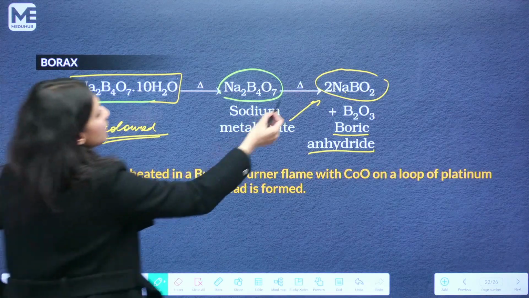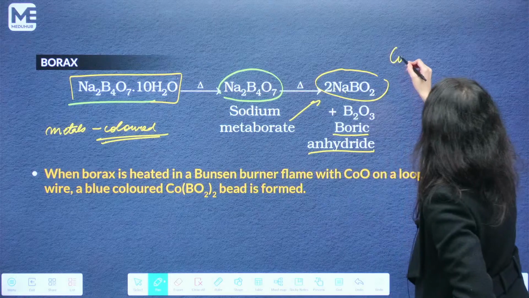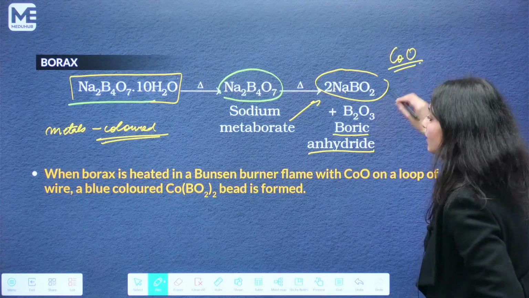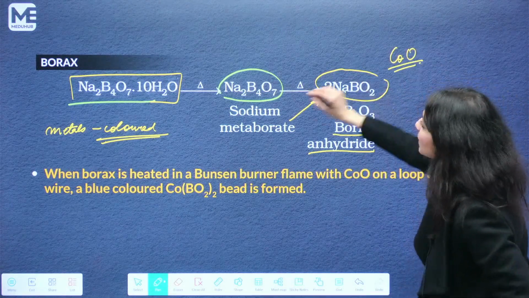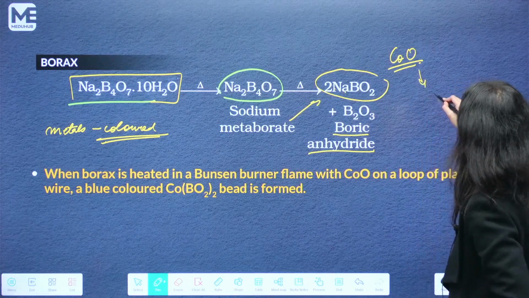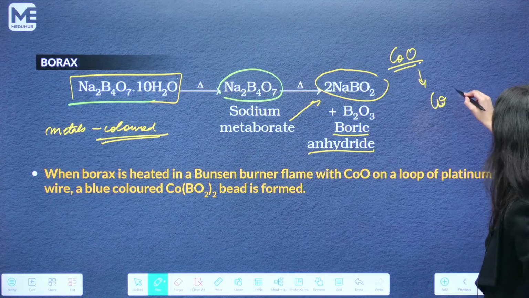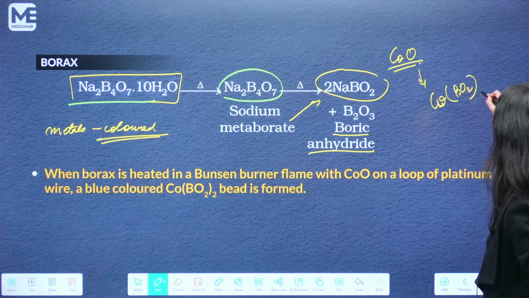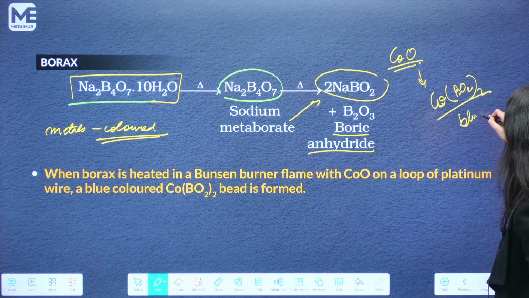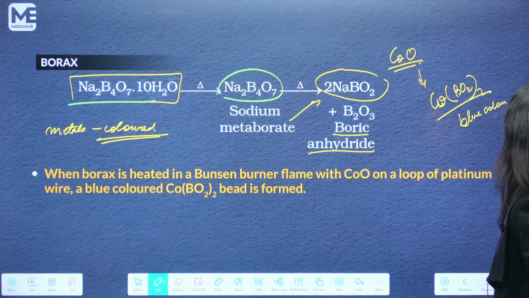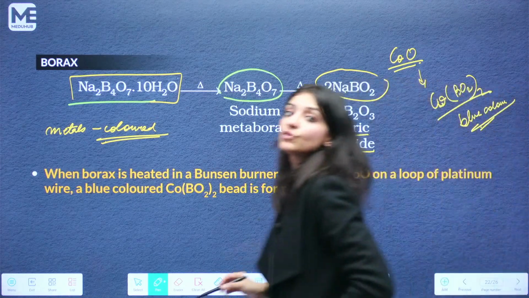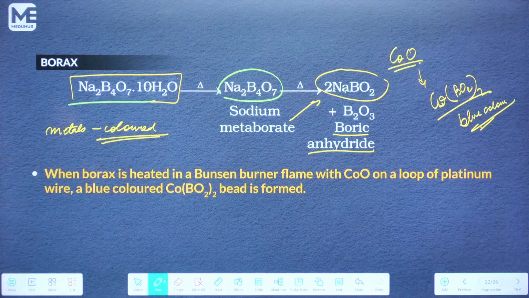If, let us say, you have cobalt oxide and heat it with borax, it will give us a colored bead of cobalt metaborate, Co(BO2)2. This is a blue colored bead. So, this test can be used for identification of those metals which give colored metaborates.